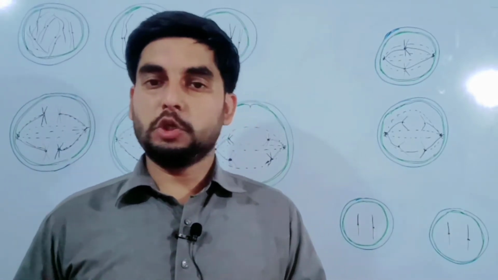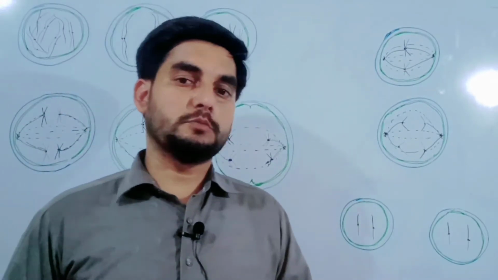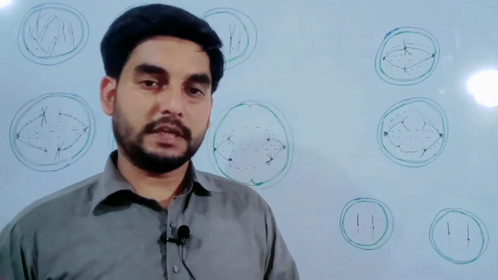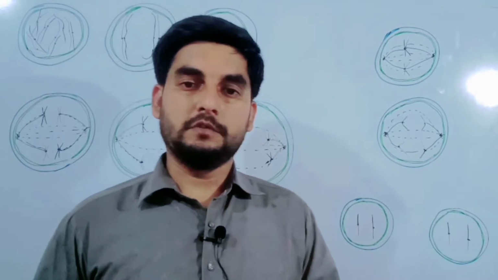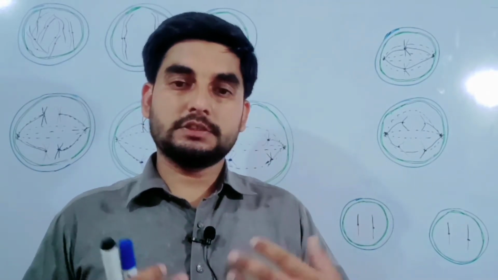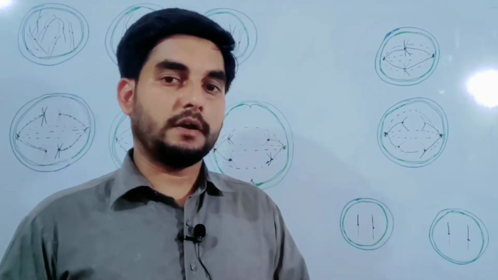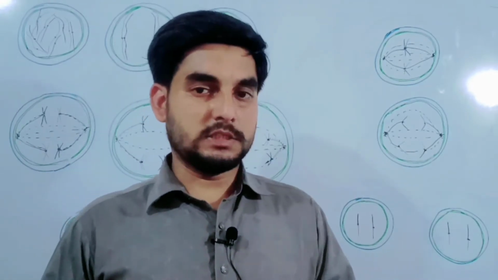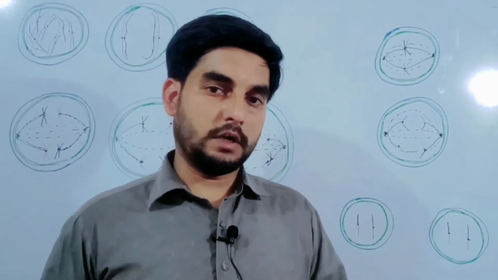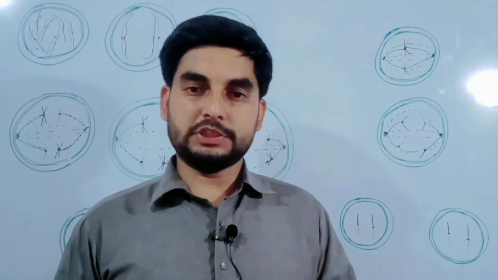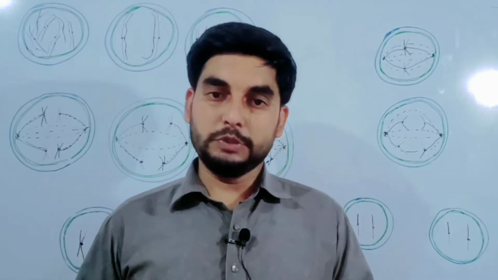During meiosis, the number of chromosomes in the daughter cells decreases by 1/2, so the gametes formed are haploid, meaning they are developed from diploid cells, but themselves they are haploid. So this process of reduction division is called meiosis.